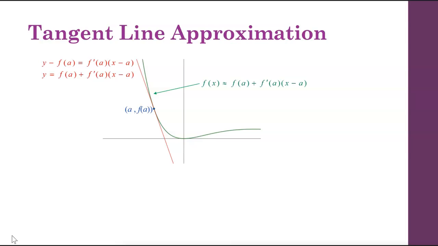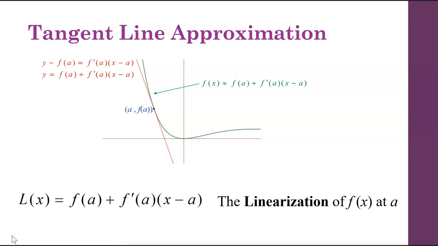We call that the tangent line approximation or the linear approximation to the function. And we can write the equation of our tangent line as L(x) equals f(a) plus f prime of a times x minus a, and we refer to this as the linearization of f(x) at a.